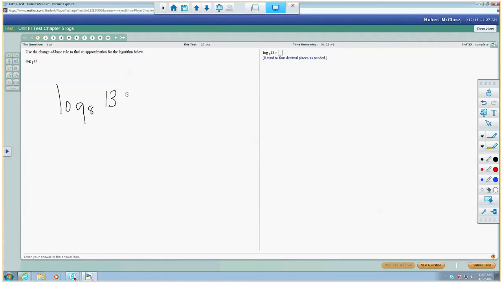And when you put it in the change-of-base formula, it becomes log of 13 over log of what? 8. Somebody punch that in the calculator and round it to 4 decimal places.